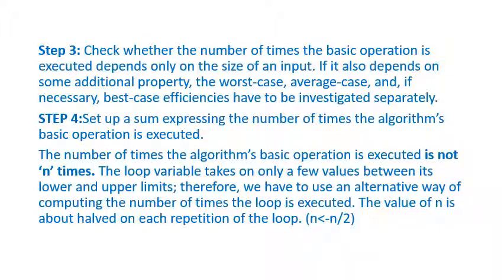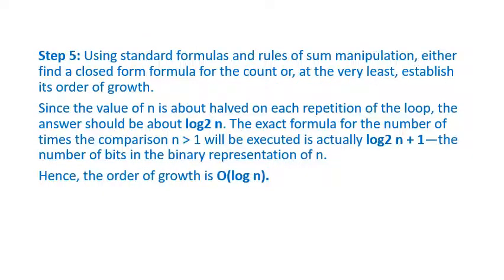Now, coming to the fifth step, you should establish its order of growth using the standard formulas. As you've seen in the fourth step, n's value is halved on each repetition of the loop. So how to find its order of growth? Since n's value is halved, the answer should be around log base 2 of n.